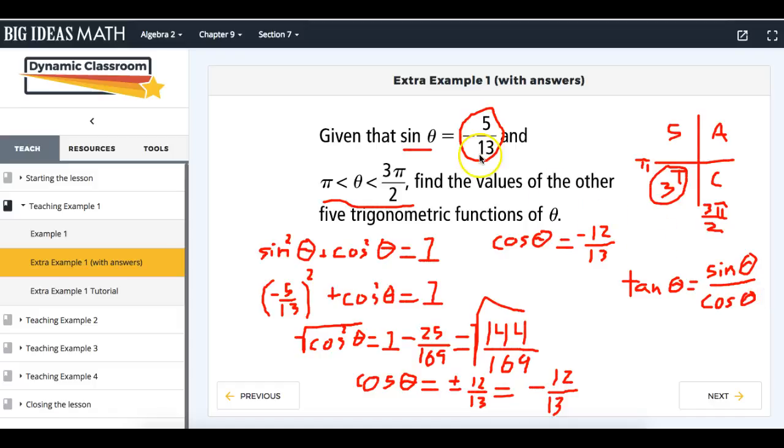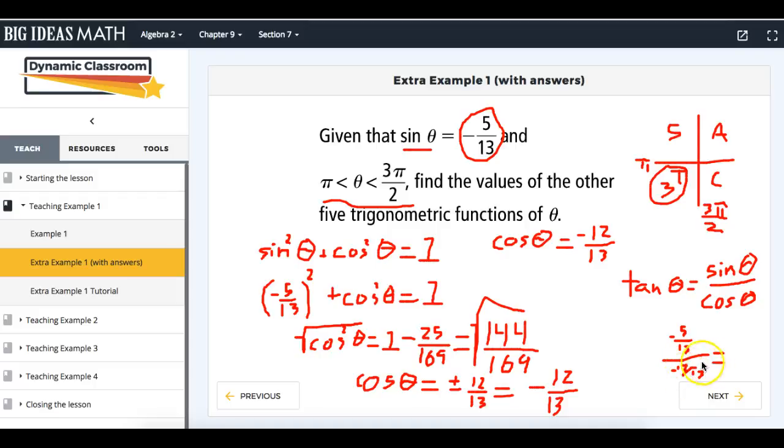The sine is negative 5 over 13, divided by negative 12 over 13.